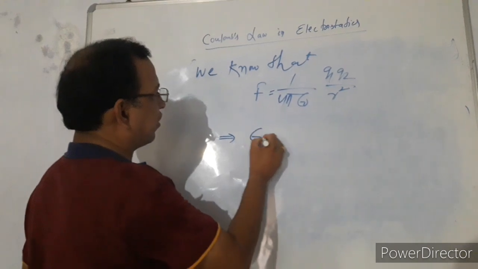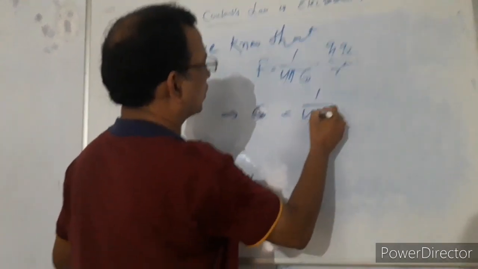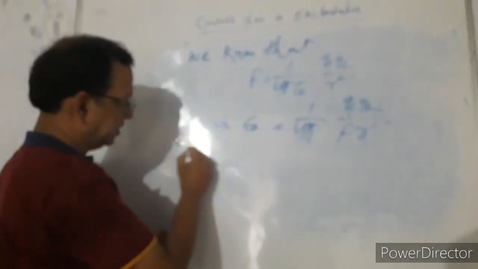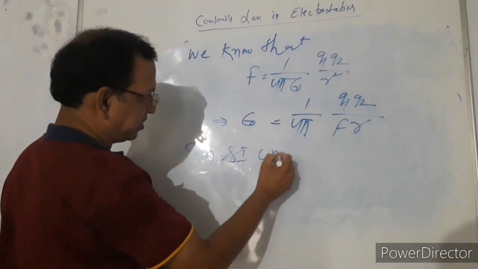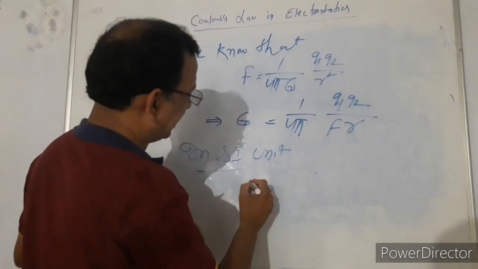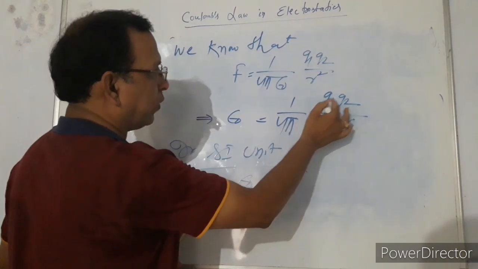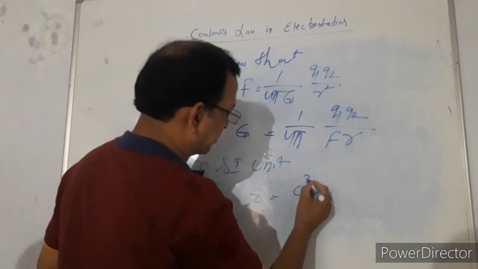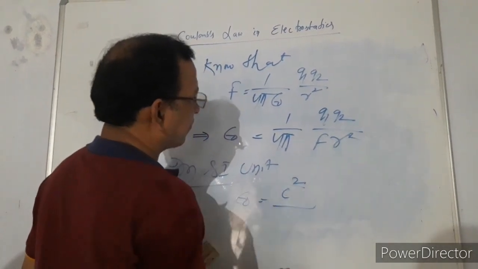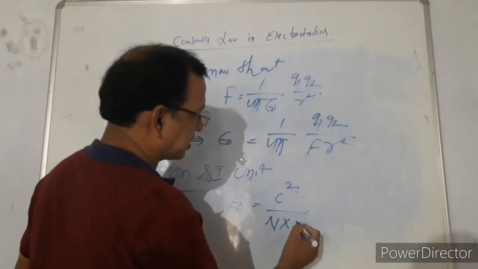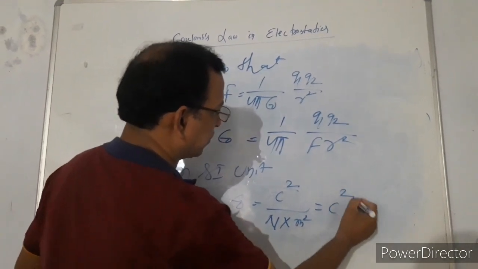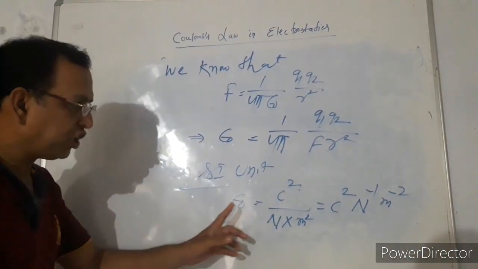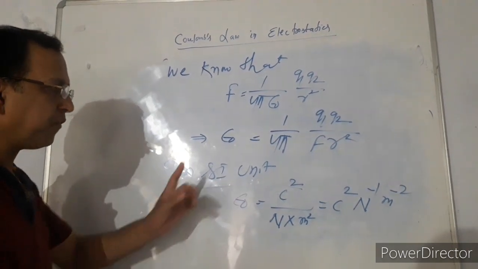This implies epsilon naught is equal to 1 by 4 pi Q1 Q2 by F R square. In SI unit, epsilon naught is equal to Q1 Q2. Q1 is charge, Coulomb. So Coulomb into Coulomb, Coulomb square, force, Newton, R, distance, meter square. That is equal to Coulomb square, Newton inverse, meter inverse square. This is the unit of epsilon naught.